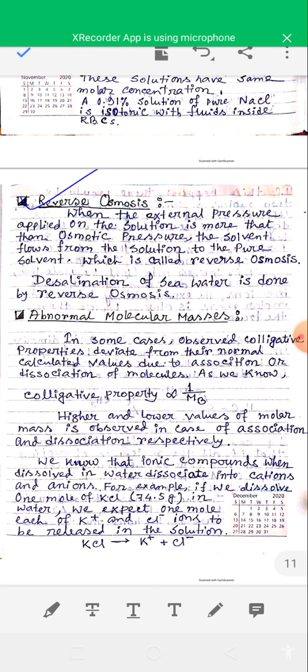And desalination of seawater is done by reverse osmosis. Okay, this is the application of reverse osmosis, and in the next class I will discuss abnormal molar masses.